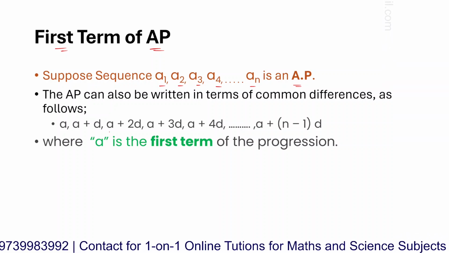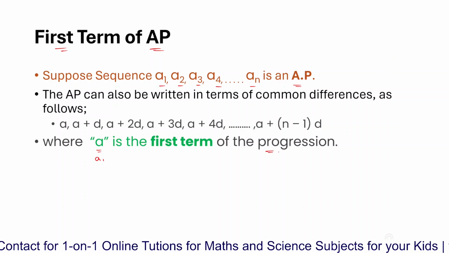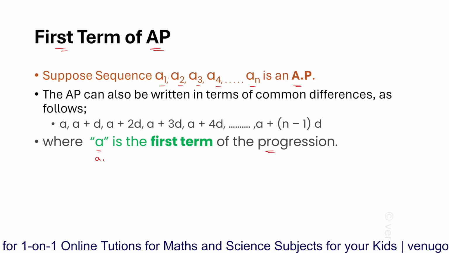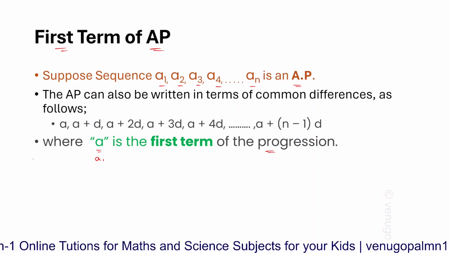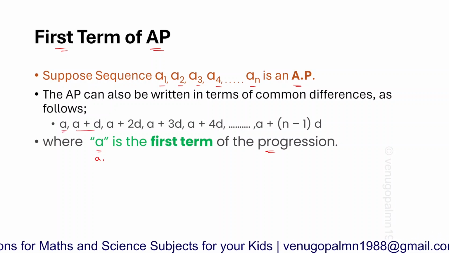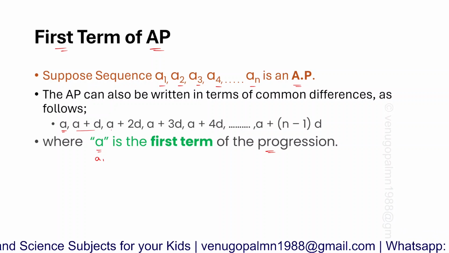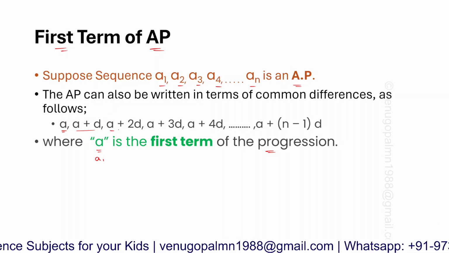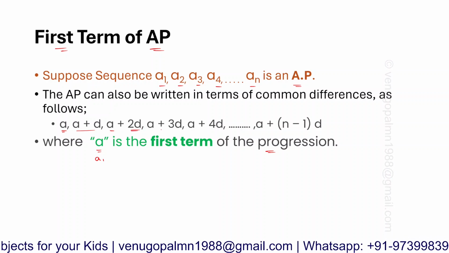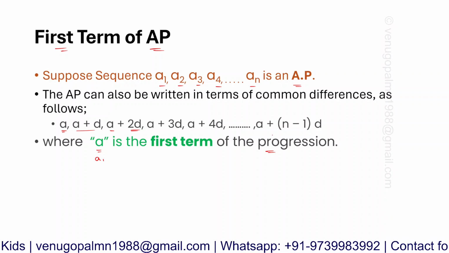Here a, or a1, is the first term of the progression, and the above arithmetic progression can be written in the form of a, which is the first term; the second term would be the first term plus d, which is the common difference; the third term would be the first term plus 2 times the common difference, and it will go on, and so on and so forth.